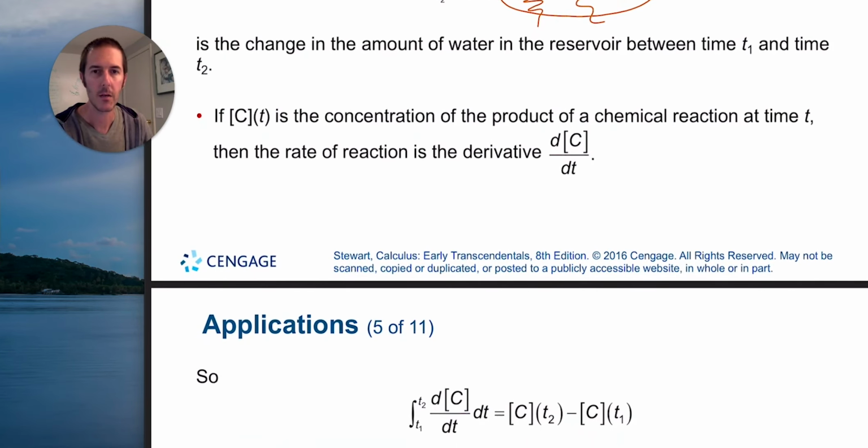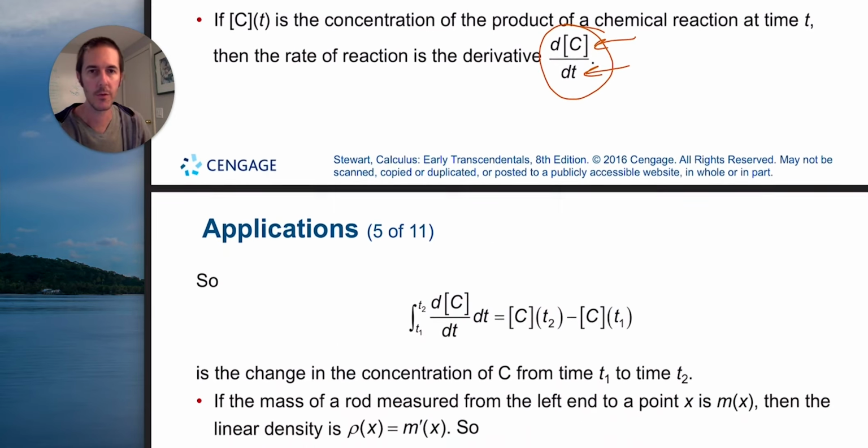Capital C can represent concentration of a product in a chemical reaction. The derivative, C prime, is being expressed in a way that's different than we're maybe used to. So this is delta C over delta T, so that's change in concentration divided by change in time.